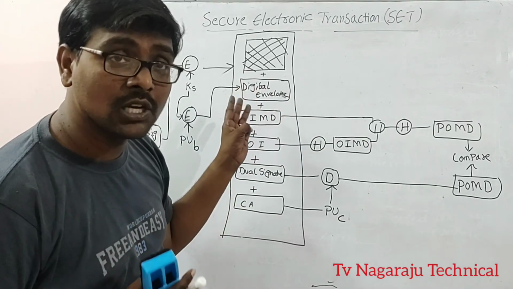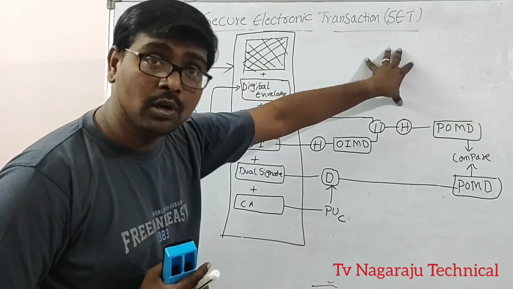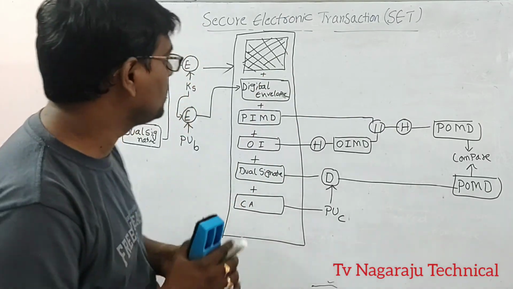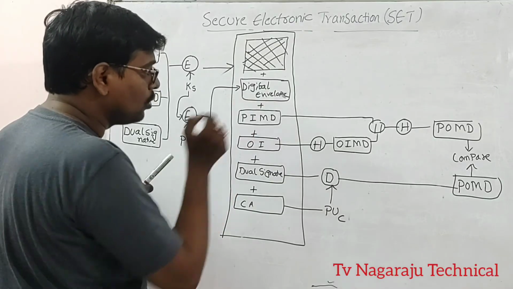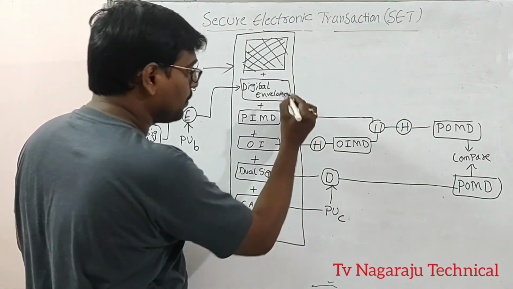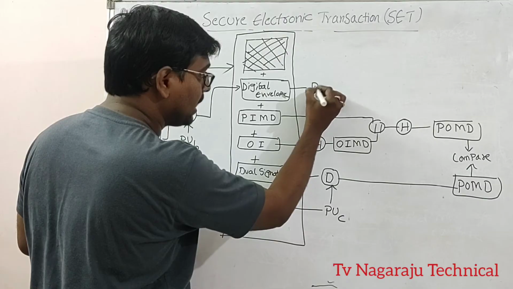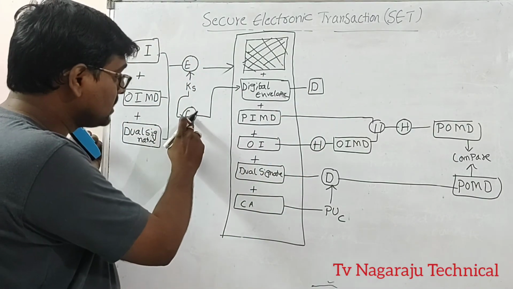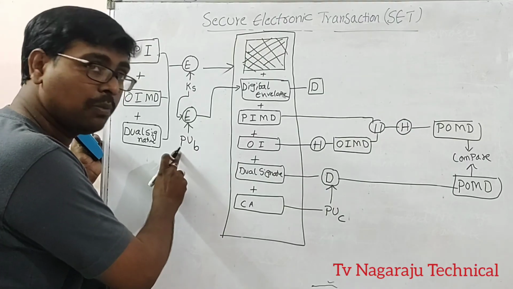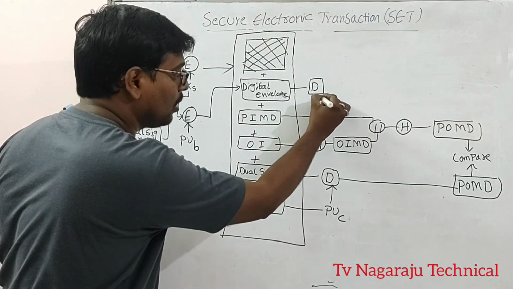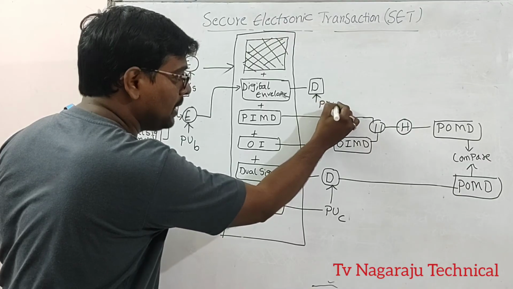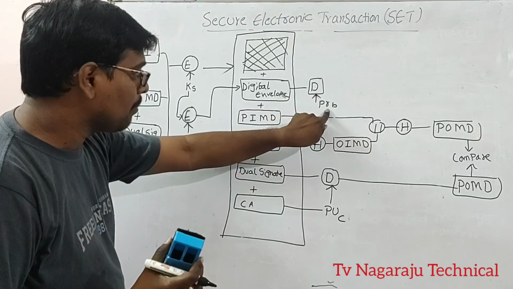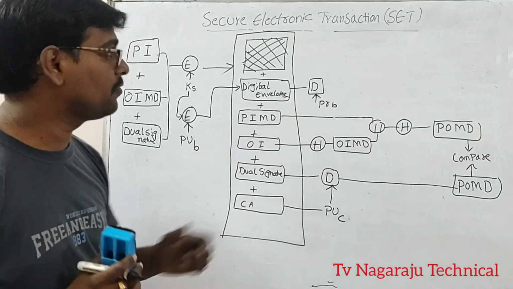Now what is the third step remaining? The bank also needs to verify whether this is valid or invalid. The step is a simple thing. First, decrypt the digital envelope. How? This is encrypted by using the public key of the bank. Now the digital envelope is decrypted by using the private key of the bank.